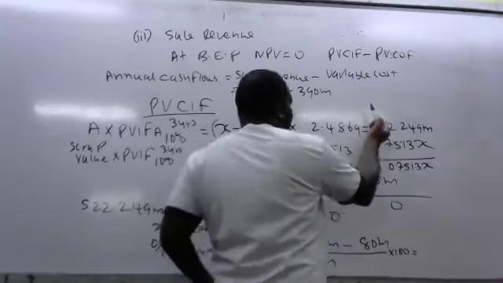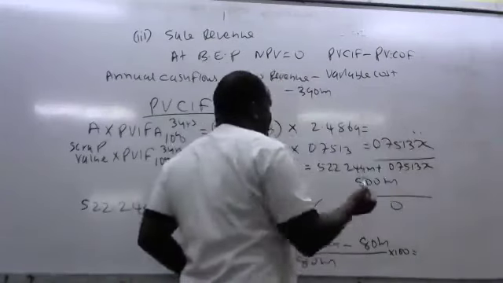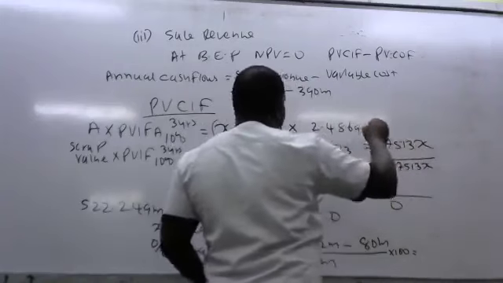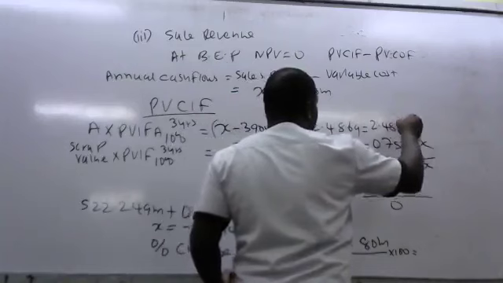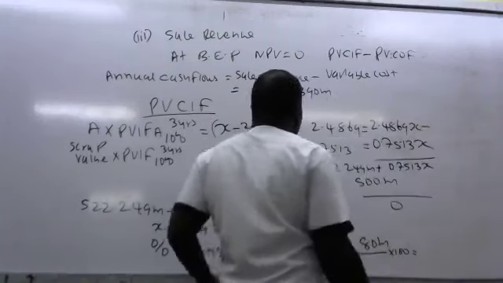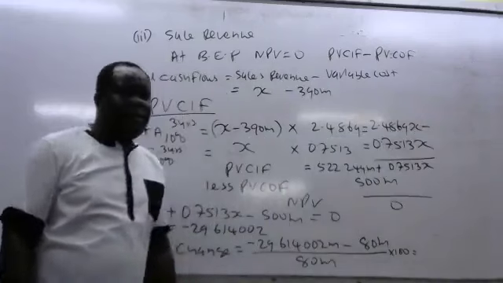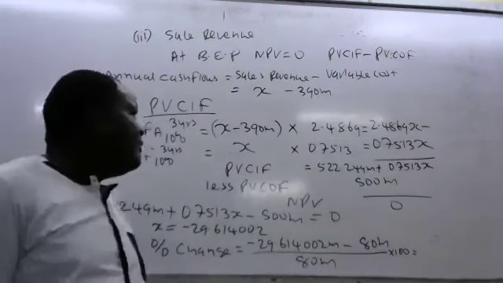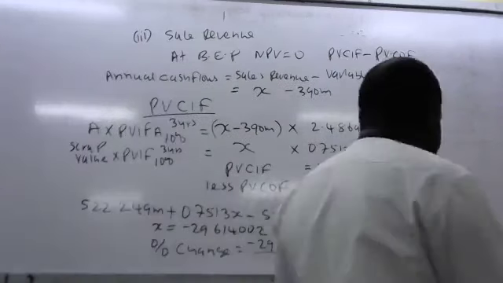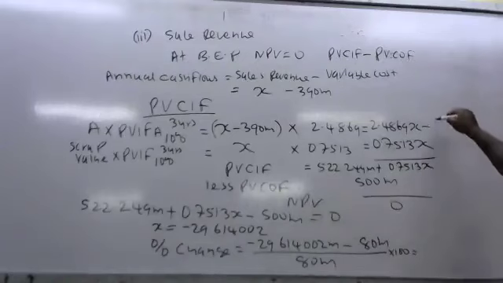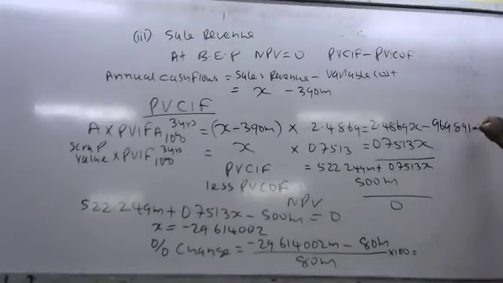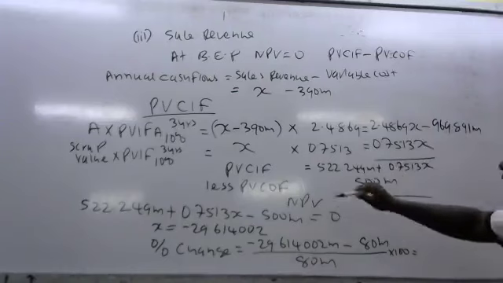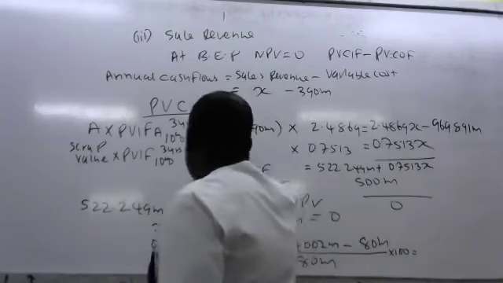Then now we come to this point. So this one will now be 2.4869 X. Then when you take 390 multiplied by 2.4869, it gives you how much? 969.891. Then remember we bring back here the 80 millions.